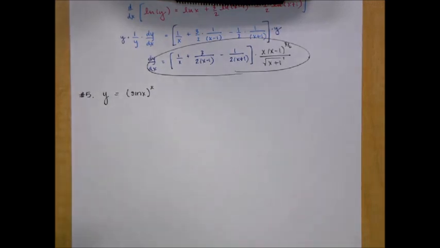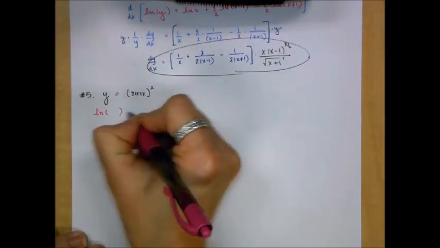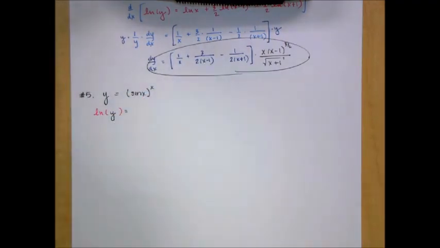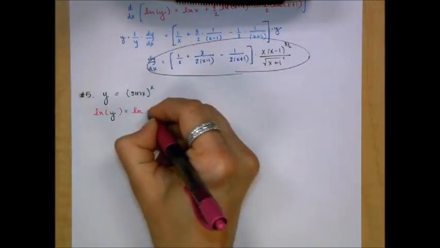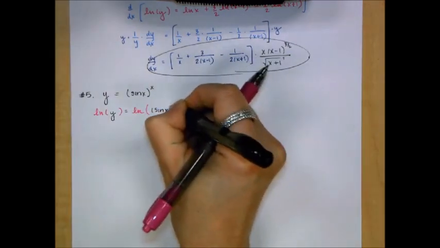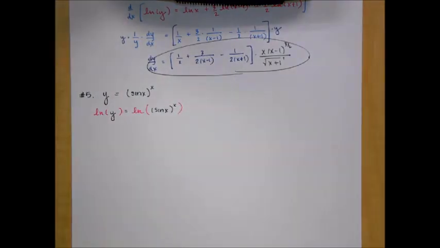So we'll make that note. We're going to take the natural log of both sides. Okay. The reason why it works here and helps us is I can use a log property.